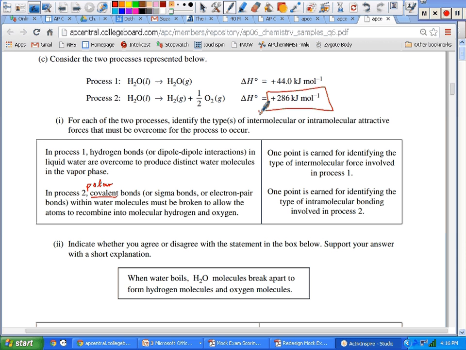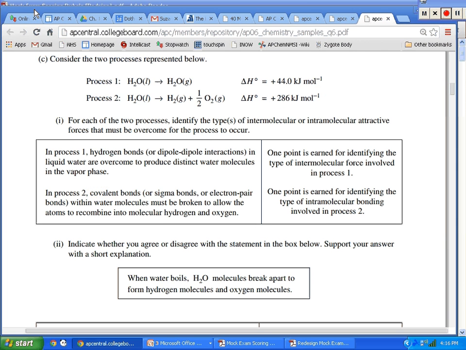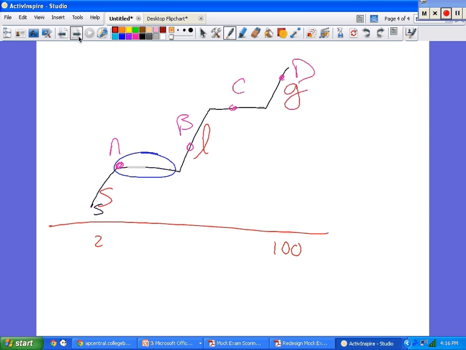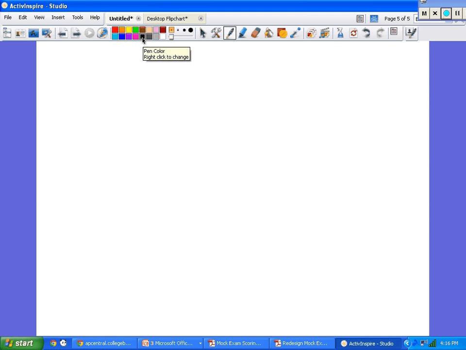This was actually one of the questions on the multiple choice part of the mock exam. I'm only going to draw like 3 of them just to kind of prove a point. You may or may not remember it.